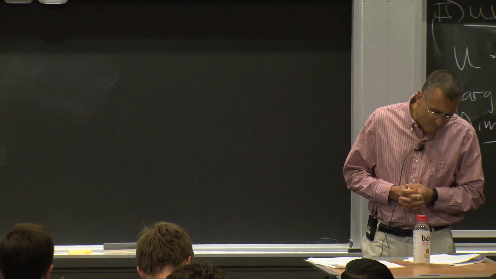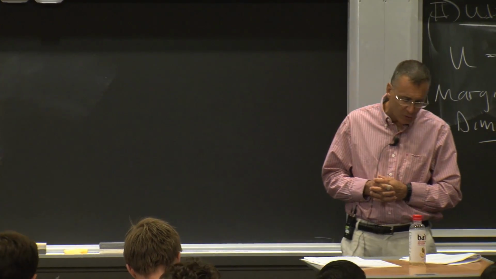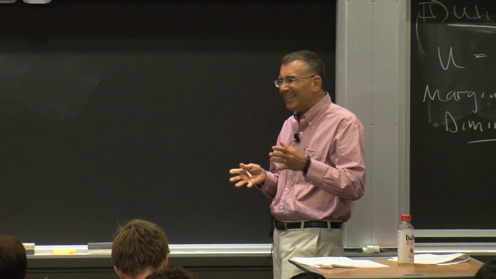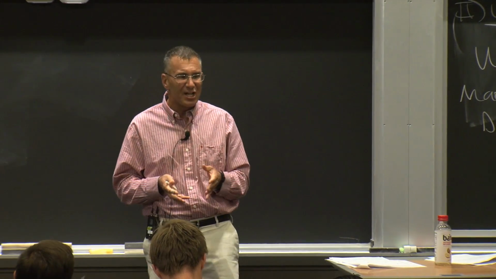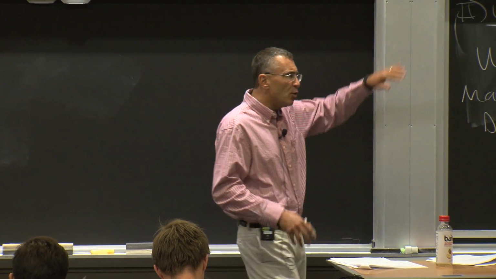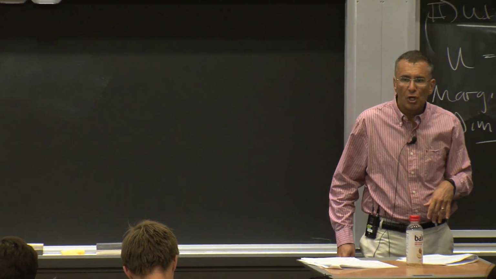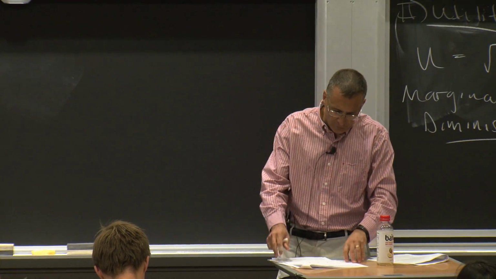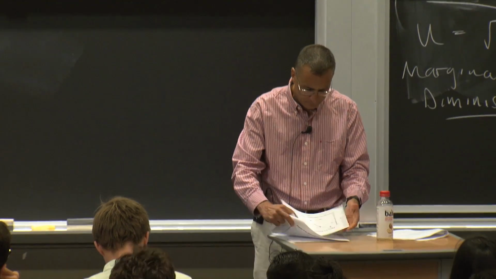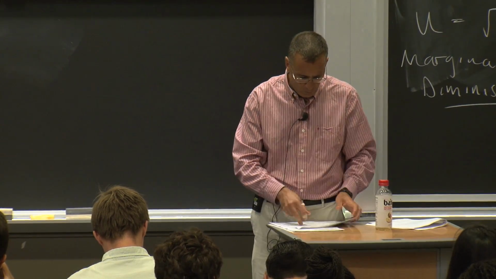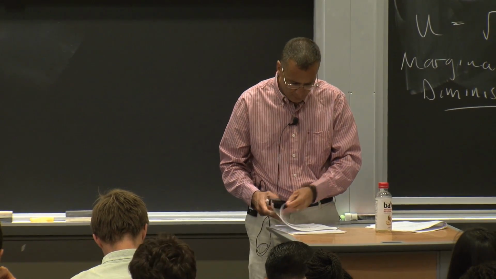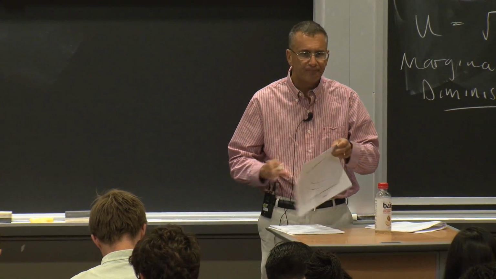What it means is basically the slope of an indifference curve is the rate at which you're willing to give up one good to get another. As you move along an indifference curve, let's go back to figure 4.1b.